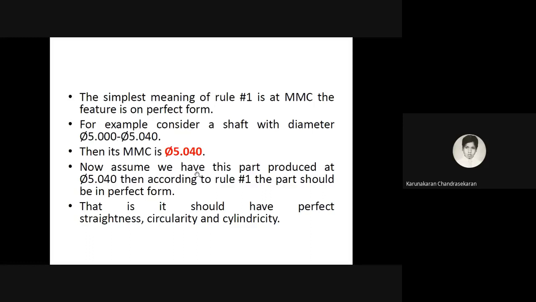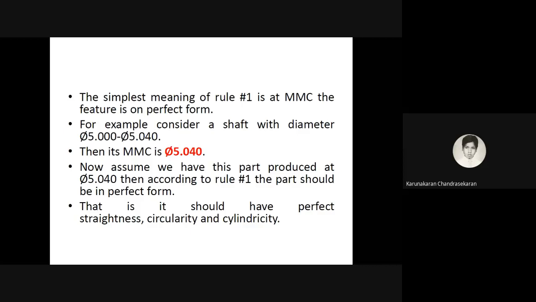Now we assume that this part is produced at 5.04. Then according to rule 1, the part should be in perfect form, because we have the maximum material condition. You should have perfect straightness, circularity and cylindricity. So that is the simple meaning of rule 1.